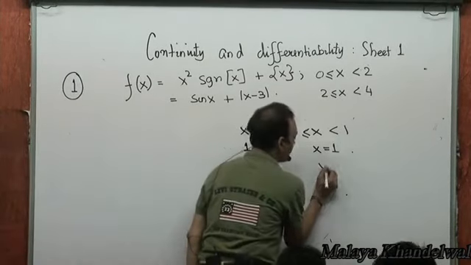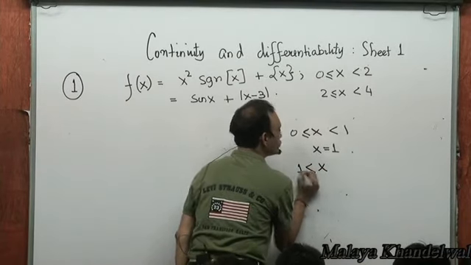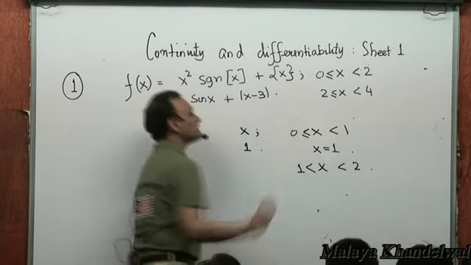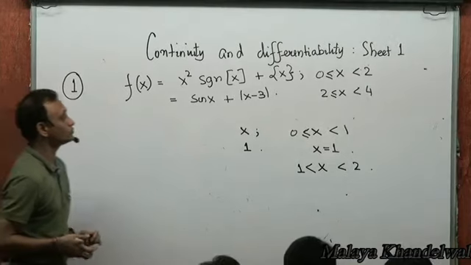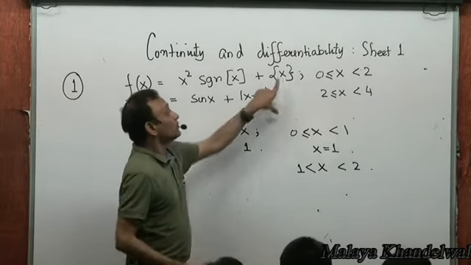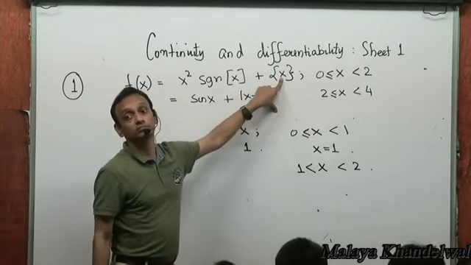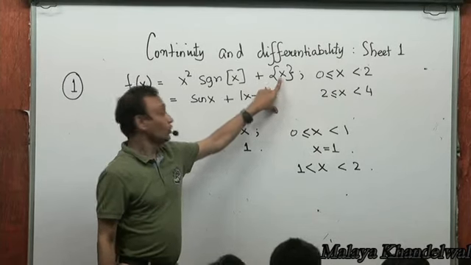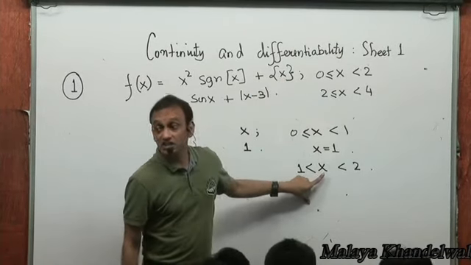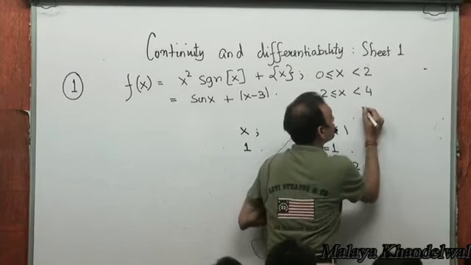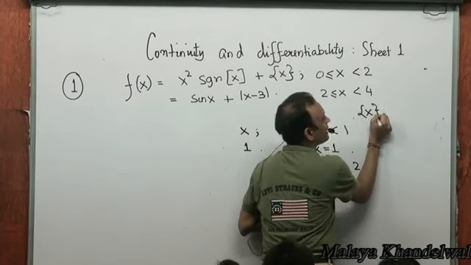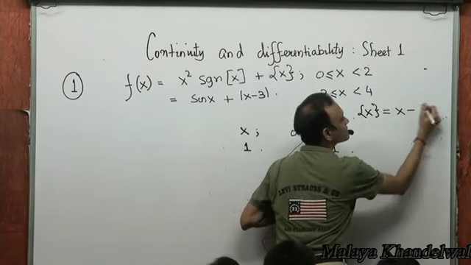For x greater than 1 but less than 2, fractional part of x will be what? Fractional part of x is given by x minus box x.